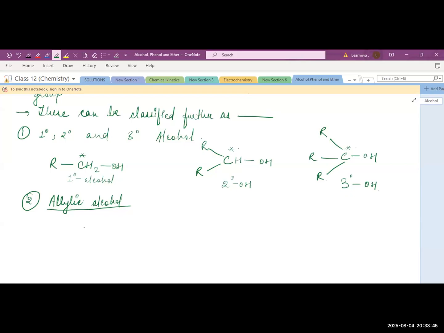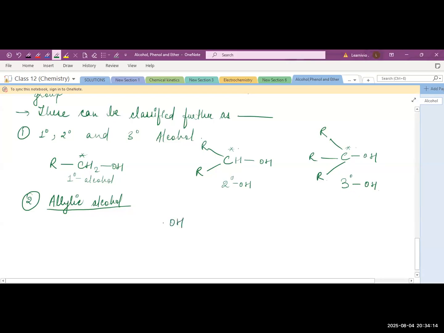It was allylic was directly attached to the carbon, right? Double carbon. Which carbon? That double bonded carbon. Not directly attached. OH group is basically first attached to the sp3 hybridized carbon, and that sp3 hybridized carbon is attached to the carbon-carbon double bond, means sp2 hybridized, right? So what happens here?